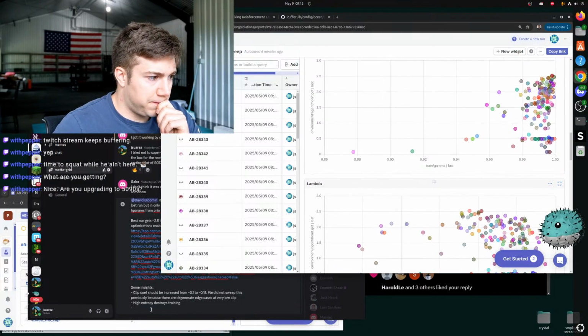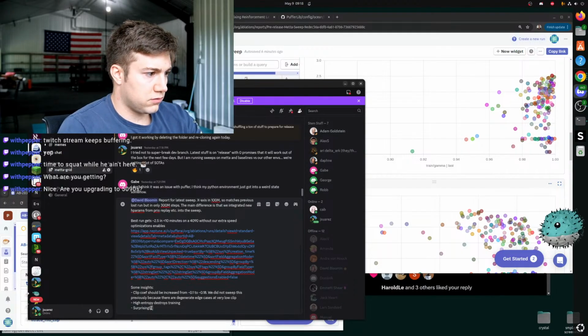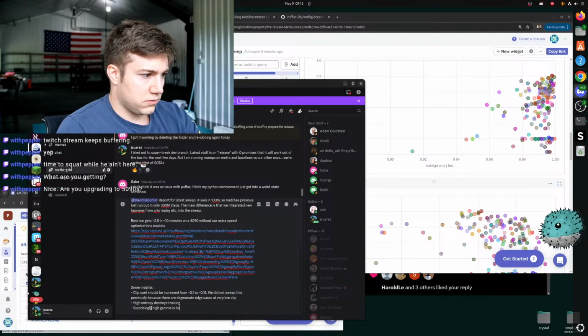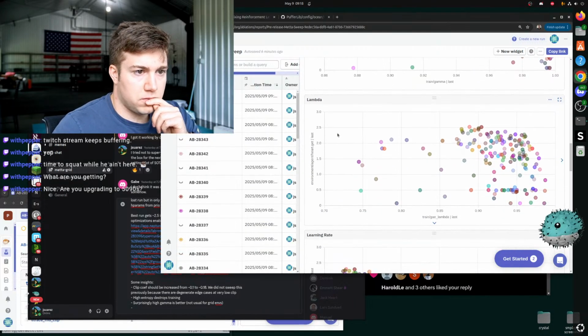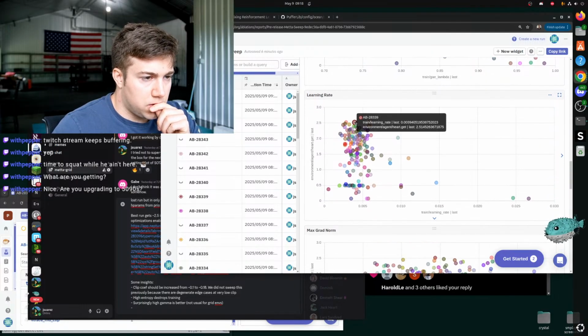Surprisingly high gamma. Lambda's pretty stable. 0.03.